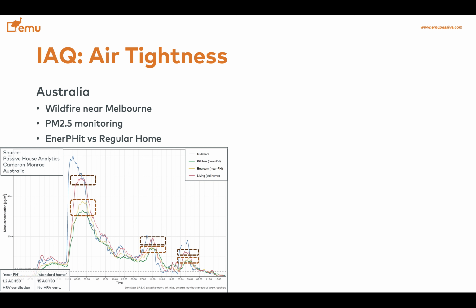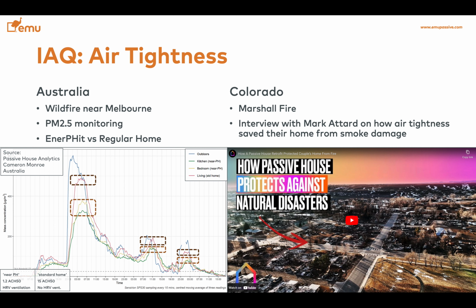So that was significant. Similarly, this is a video published on the Accelerator and YouTube. During the Marshall Fire in Colorado, buildings being airtight were more protected from smoke damage. And so there's an example of a homeowner talking about how he spent years past air sealing his house. He's a passive house professional.